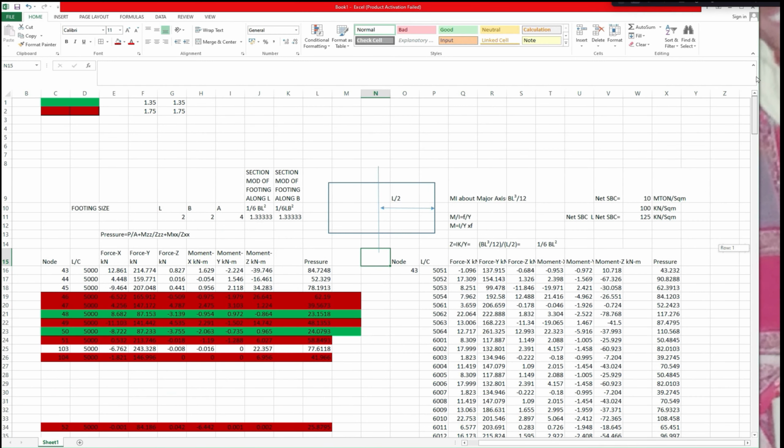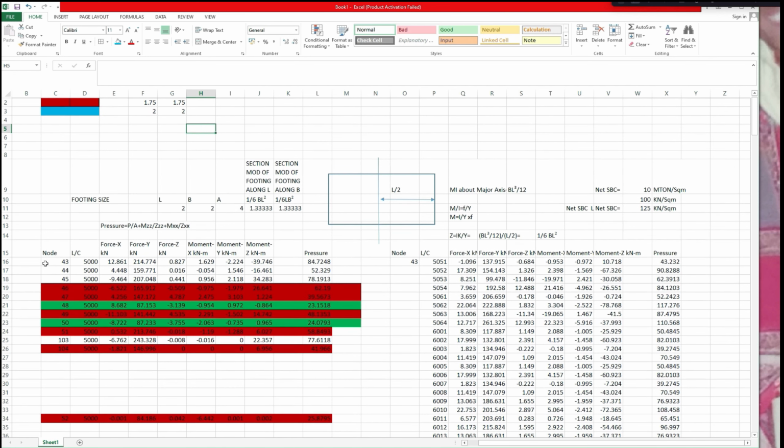They are all safe. So let us make it a different color, say blue color. So this is 2 meter by 2 meter. So this will be our blue color.